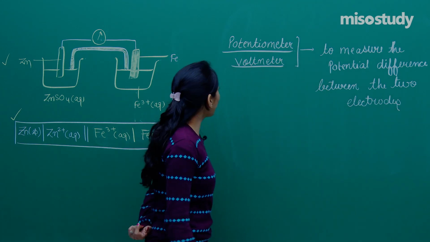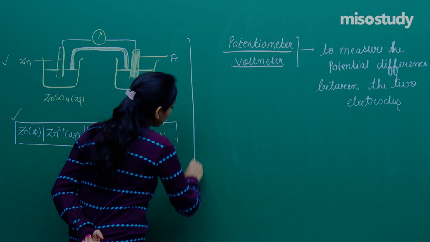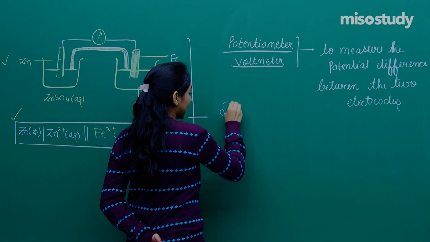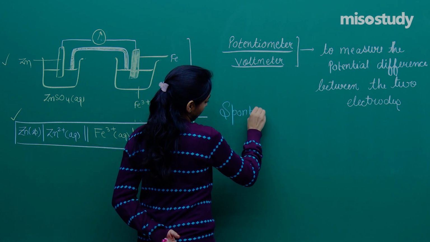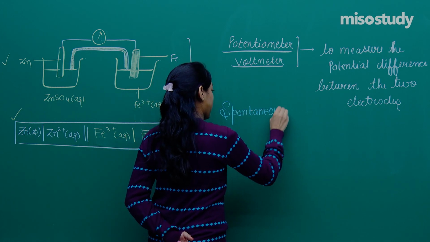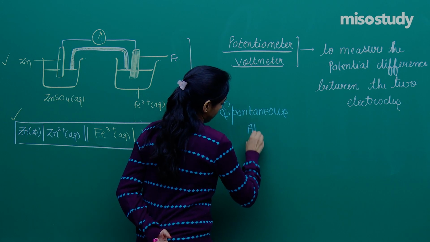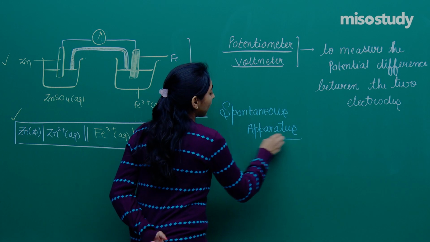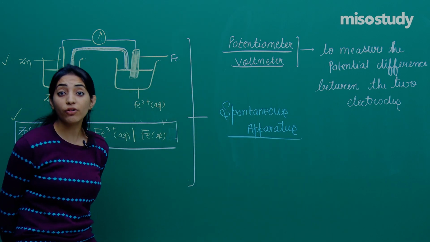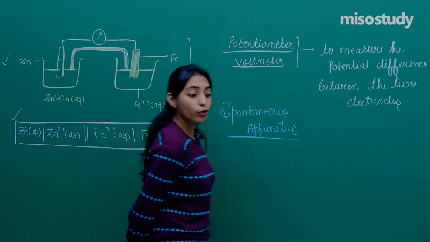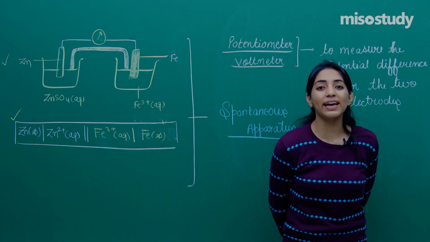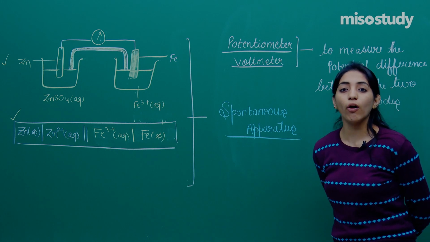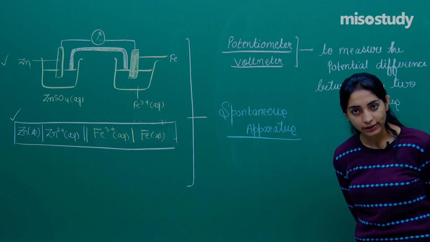See, you know, right? I am calling this complete system a spontaneous apparatus. A spontaneous apparatus is something which will work on its own. You do not need to provide any external source of energy for the functioning of the electrochemical cell, right?